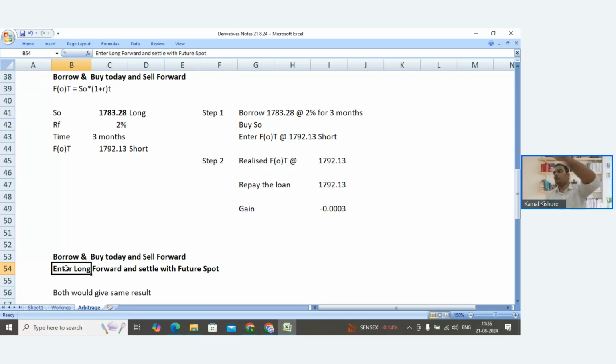I'm freezing at 100 and I expect the price to go up to 105. So I will settle it in the future spot. These are just two different ways. There are thousands of other ways in which this could be replicated, using your derivative transactions and different underlyings. Clear? Did we understand this?